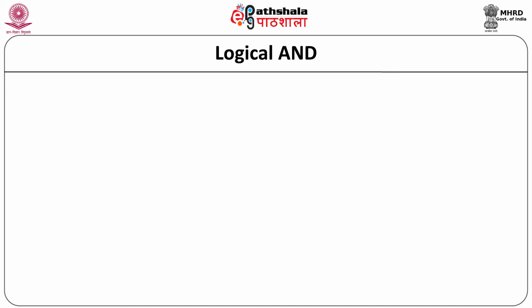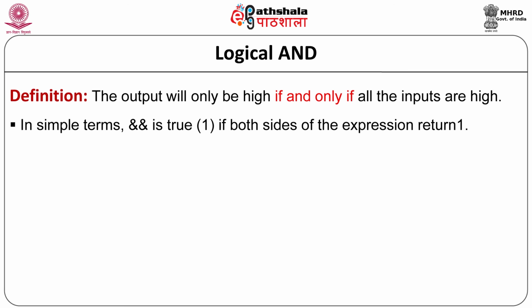Let us see logical AND operator. What is definition of logical AND? The output will only be high if and only if all inputs are high. In simple term, double ampersand is used as a symbol.